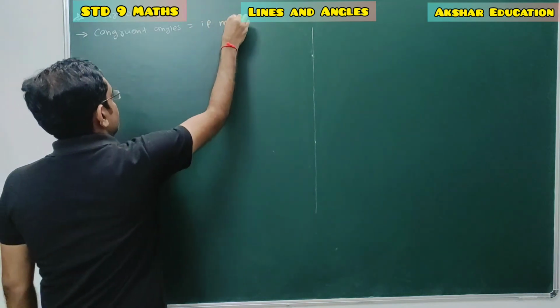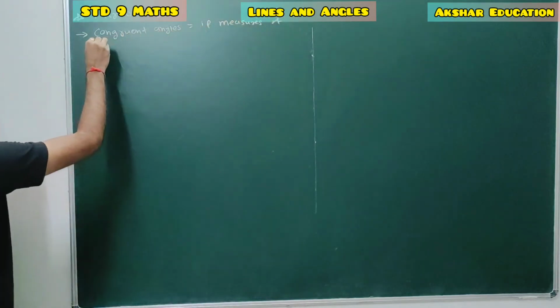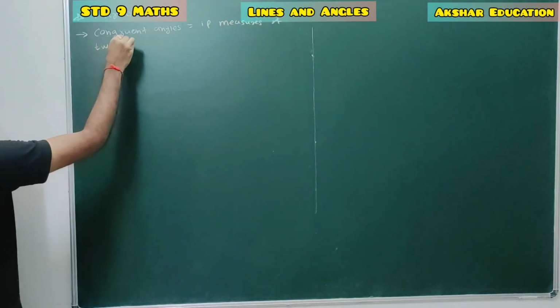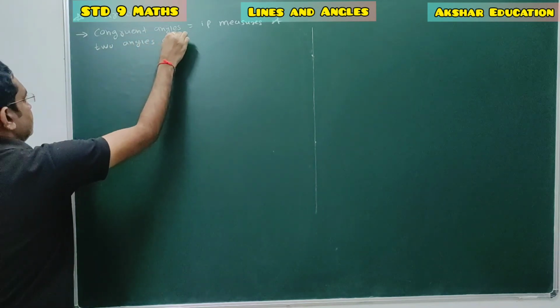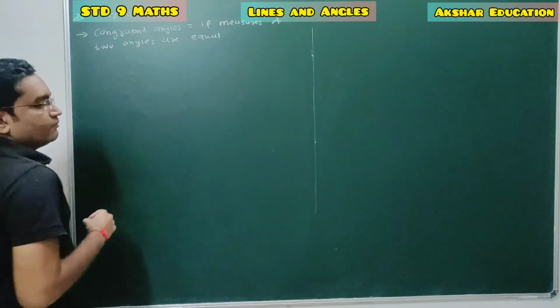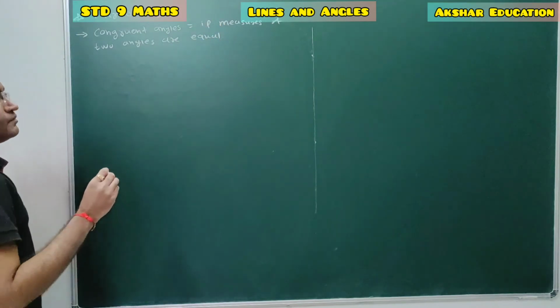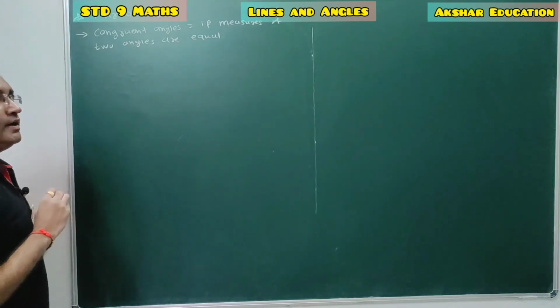if the measures of two angles are equal, then we can say that the given pair of angles is a congruent angle.